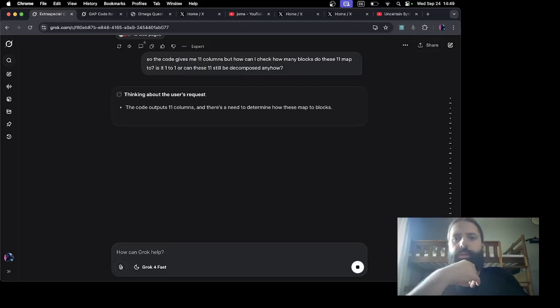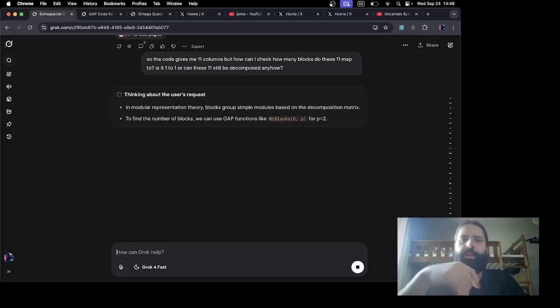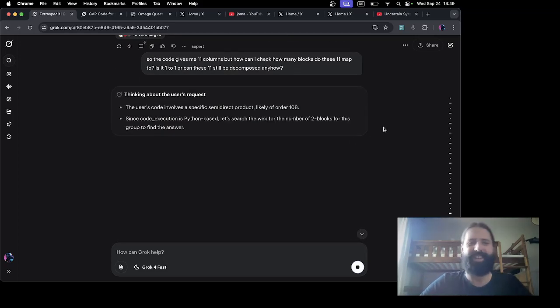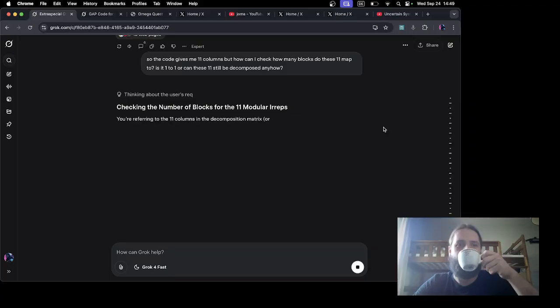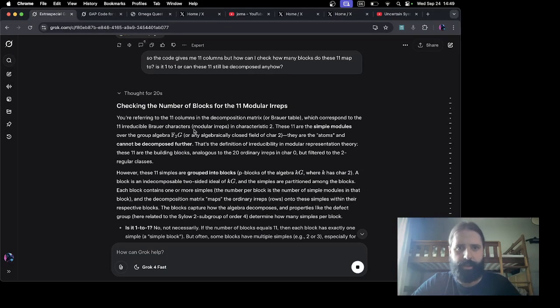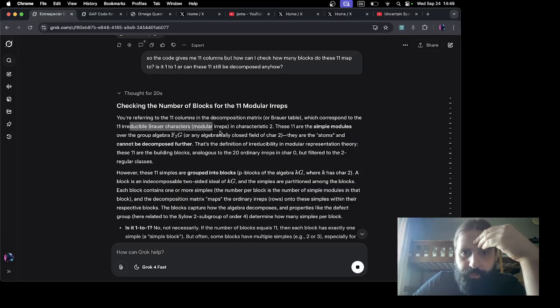Because I think that is the, really? There's the blocks. But which correspond to the 11 irreducible Brauer characters in characteristic 2.